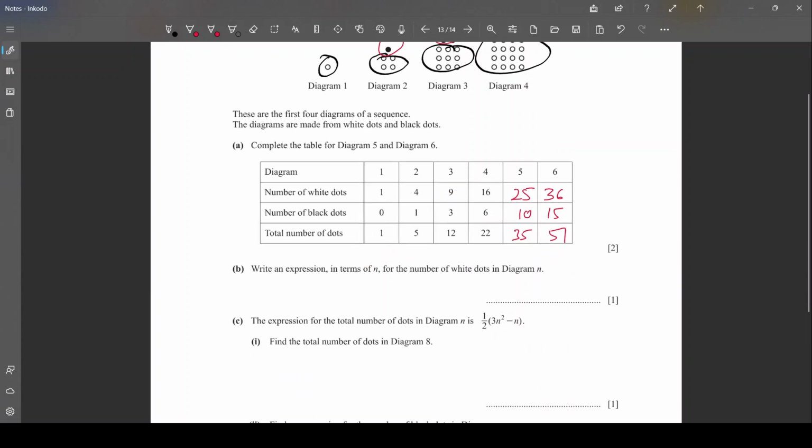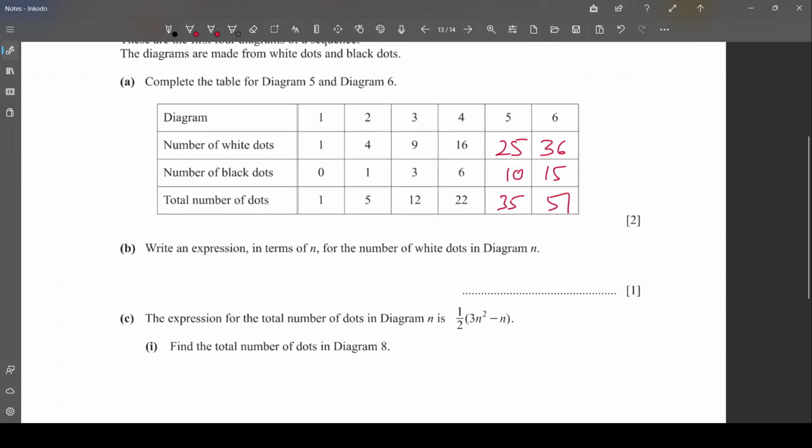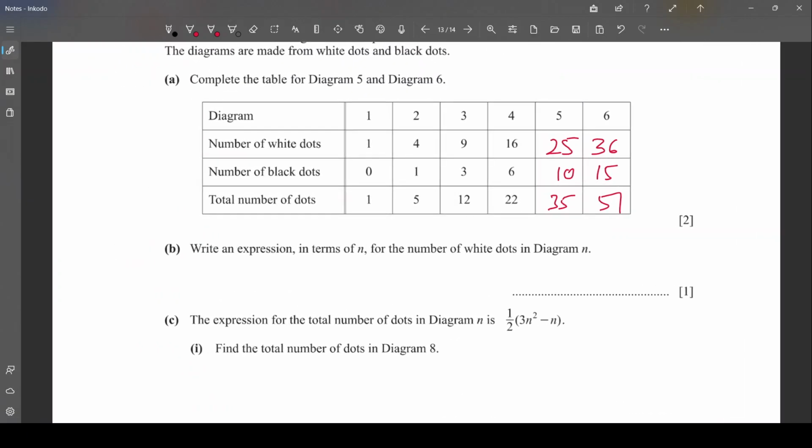Okay, then find an expression in terms of n for the number of white dots. You know how to find the nth term. I already made one video, so you can go through that first if you don't know how to find the nth term. I explained using the formula method and also the normal method.